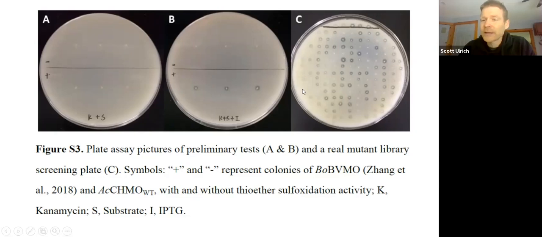Each bacteria has a unique version of the gene that they're hoping does the reaction. Now, the readout is whether or not there's a clear area around the colony or not, right?